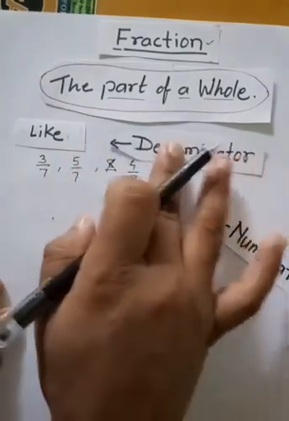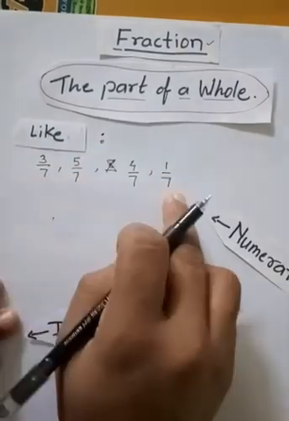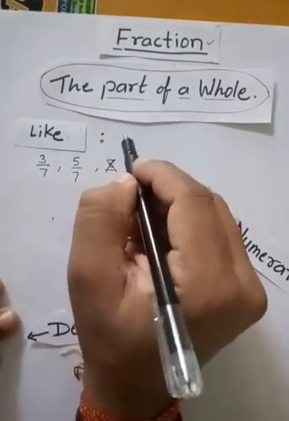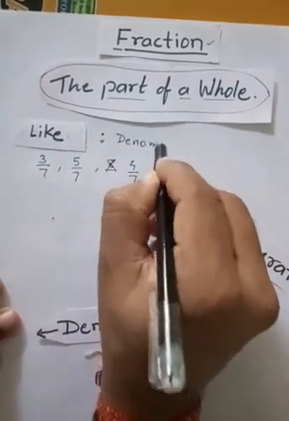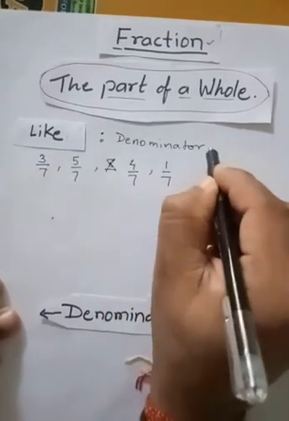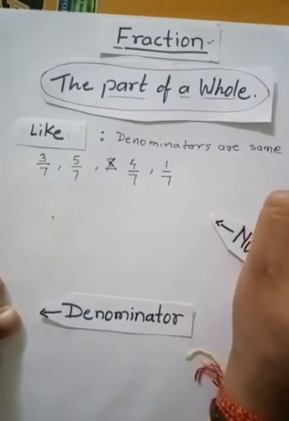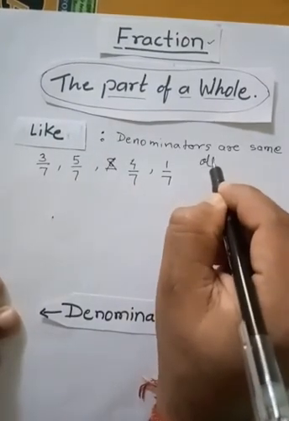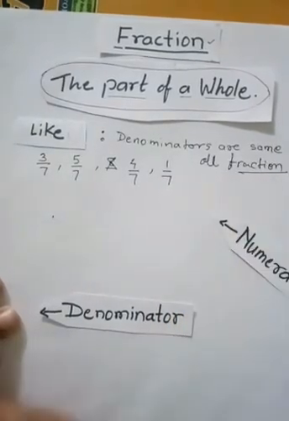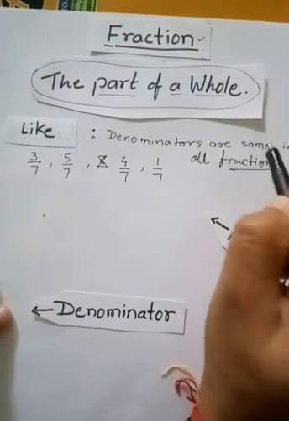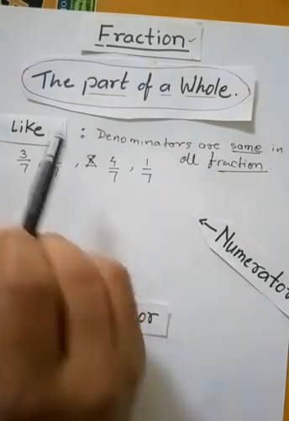So a fraction is a like fraction when the denominators are the same in all fractions. If your denominators are the same, they are called like fractions.